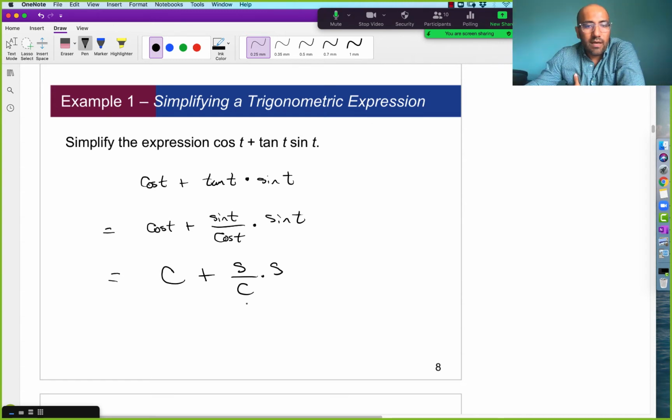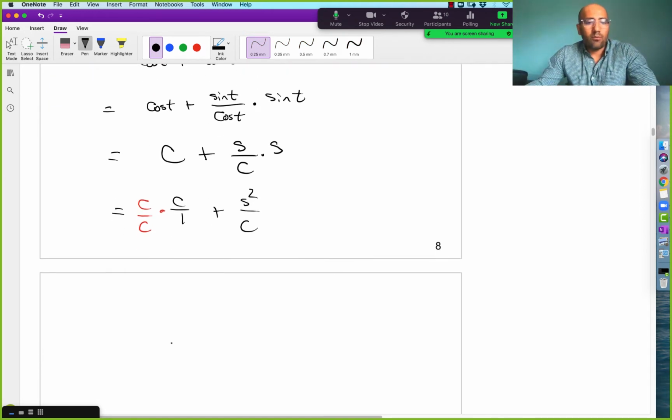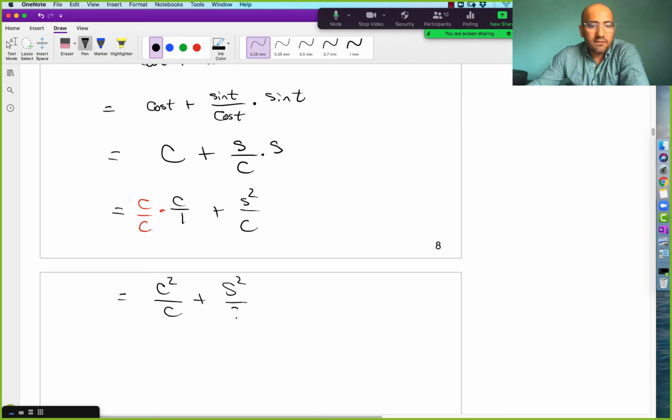So now how do we simplify this? Well, clearly we need a common denominator. This is going to be equal to c over 1 plus s squared over c. And then we multiply this side by c over c, and we'll end up with c squared over c plus s squared over c, which gives me c squared plus s squared over c.